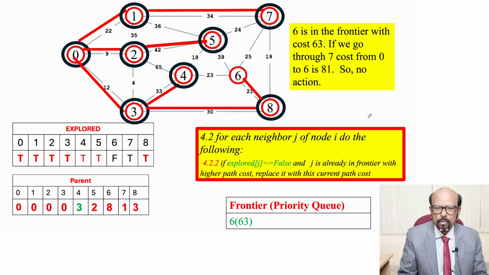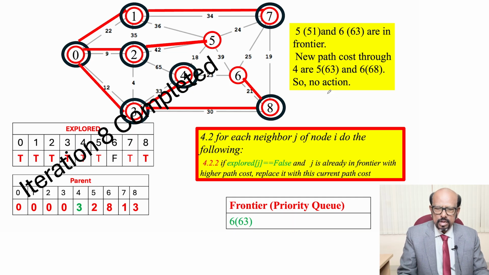Next, 4.2.2. Is there any unexplored node in the frontier with a higher cost? So 6 is in the frontier with cost 63. If we go through 7, the cost will become 81. So if you go to 22, 34 plus 25, it is 81. So no action, nothing can be done. So iteration 8 is completed.